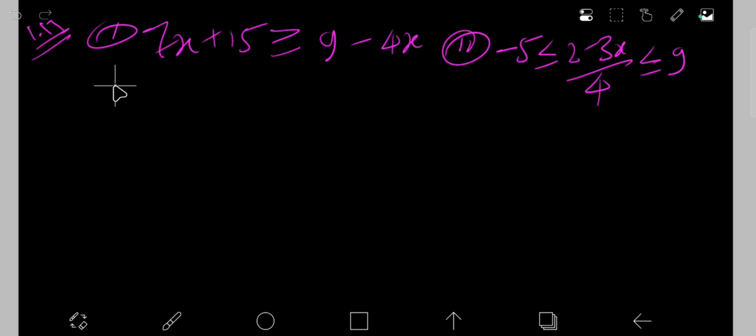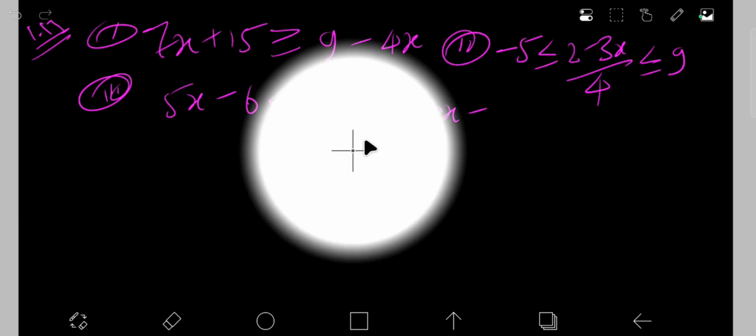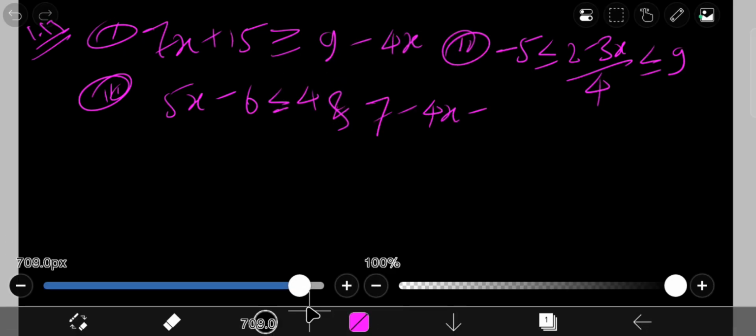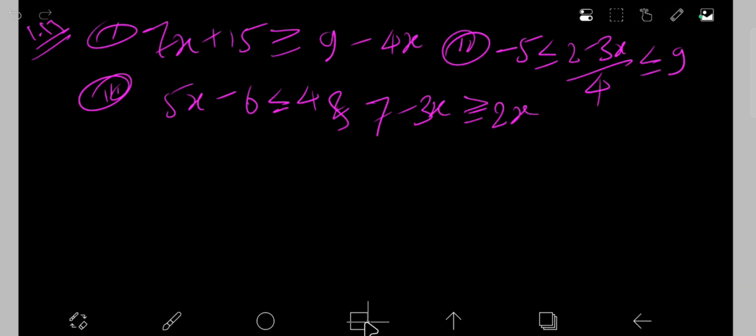The third is 5x minus 6 less than or equal to 4, and another inequality is 3x greater than or equal to 2x. Okay, here we solve.